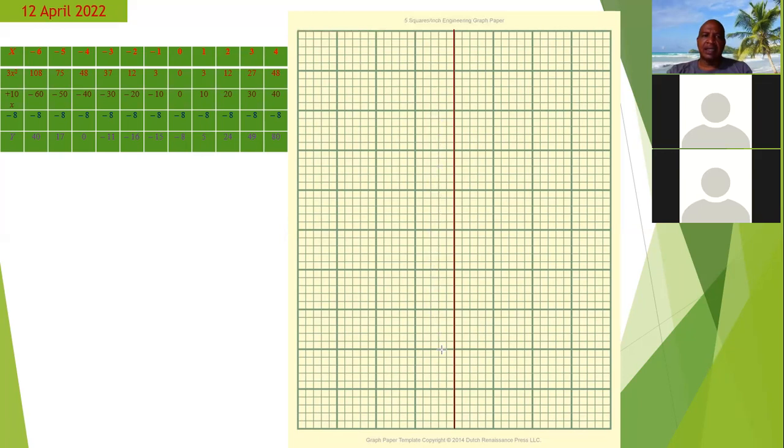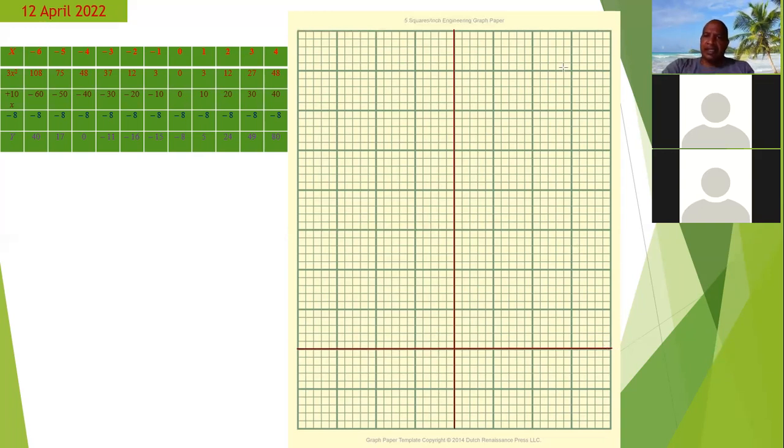And we have 2 boxes below, which would go down to negative 20, which would accommodate negative 16. So if we put our x-axis right here, that should accommodate our y values. Agree, guys?